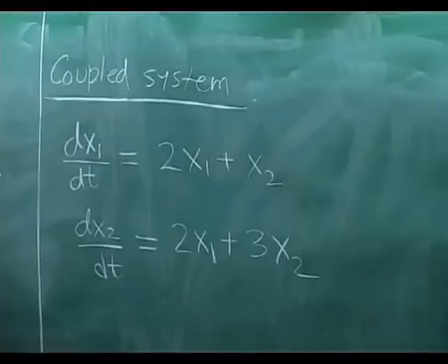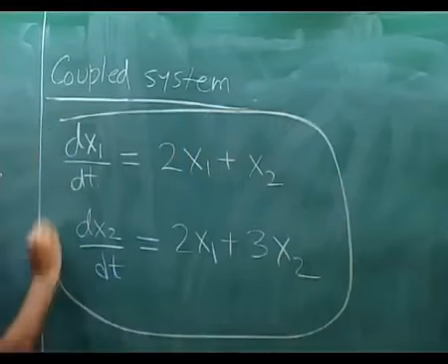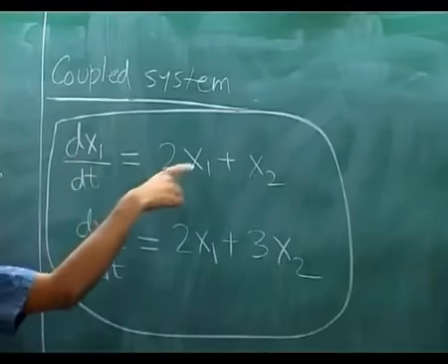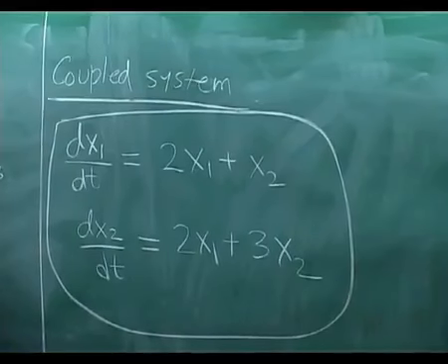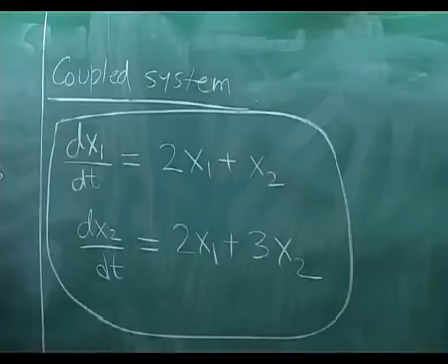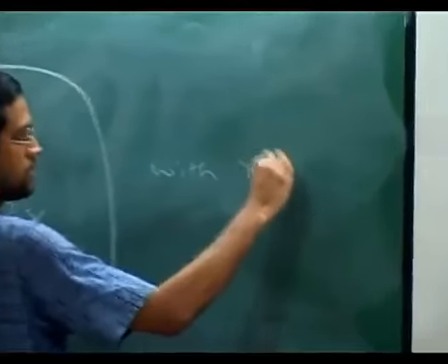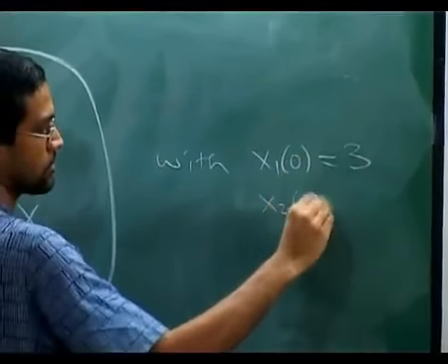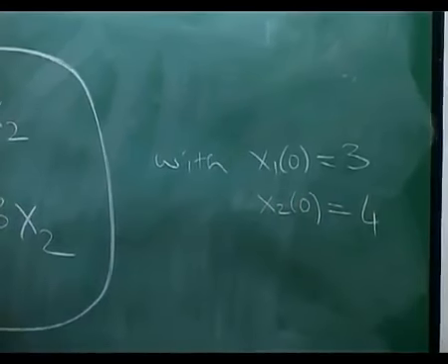I have two equations in two unknowns, but notice now that this is a coupled system in the sense that the equation for the derivative of x1 involves both x1 and x2, the other fellow also involves both x1 and x2, right? And let's say I am given some initial conditions. Let's say x1 at 0 is something, I mean this doesn't matter, I can choose any numbers I want. So try and solve this equation, that would be our question.